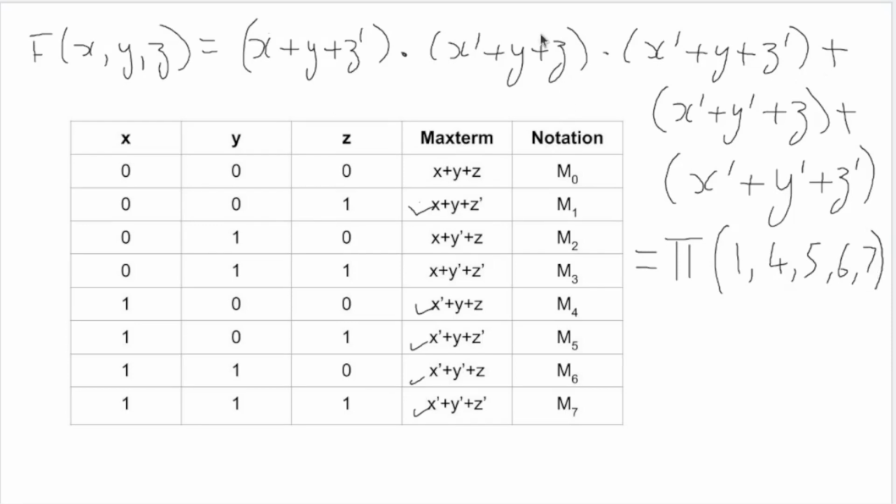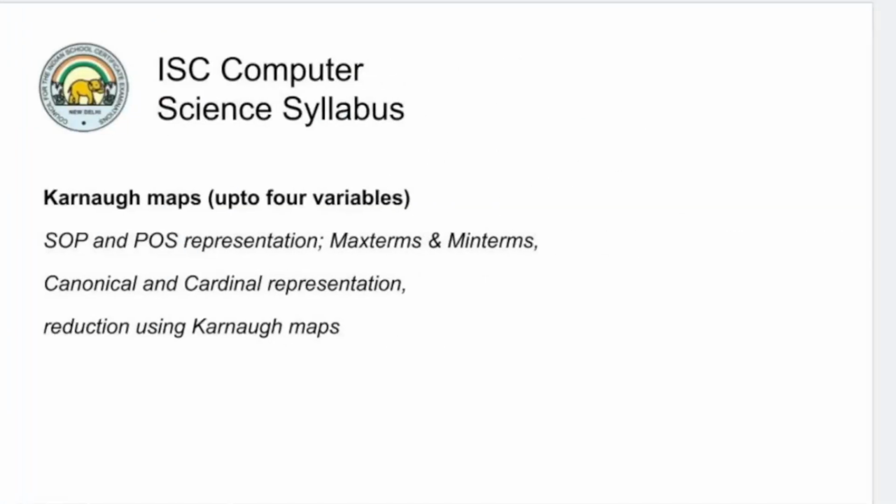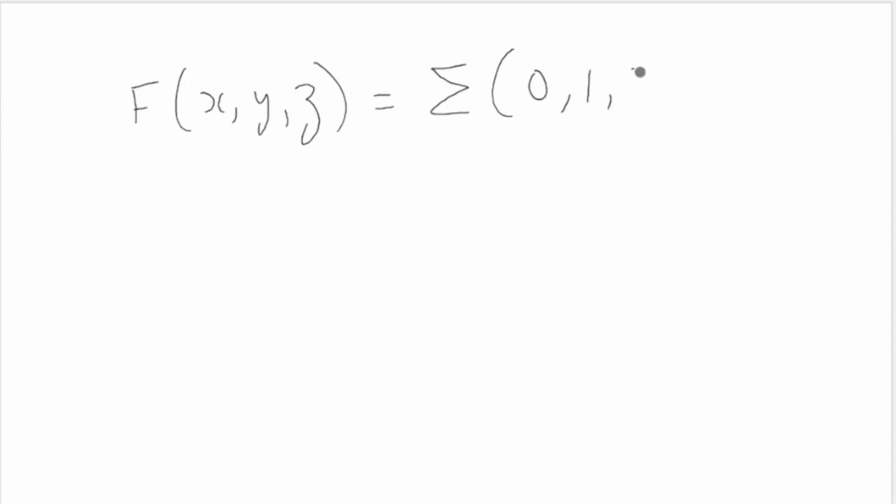Another thing to keep in mind is that SOP and POS forms are complement of each other. So for example, if there is a 3 variable expression f of x, y, z, the number of possibilities in this case is 8. So if sigma of this is equal to, let's say, 0, 1, 2, 5, and we want the pi version of it, that is the POS, then what we have to do is we'll just take the missing terms.